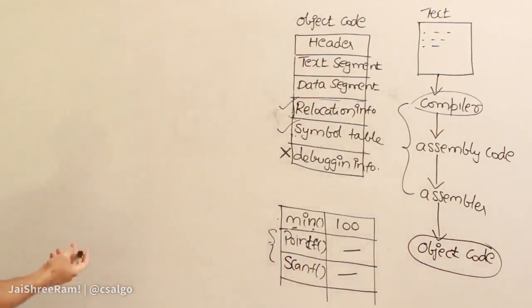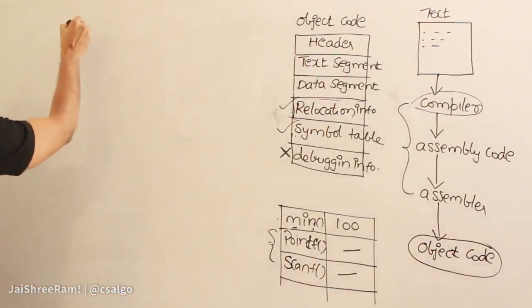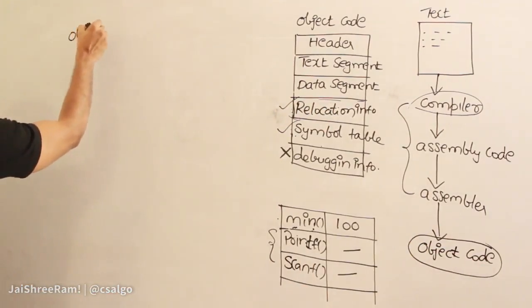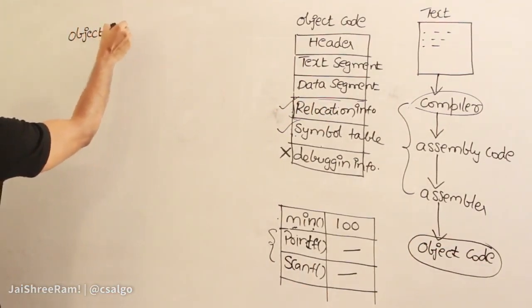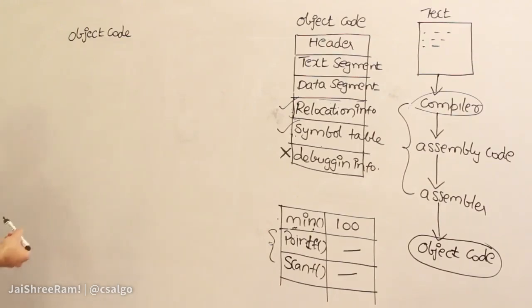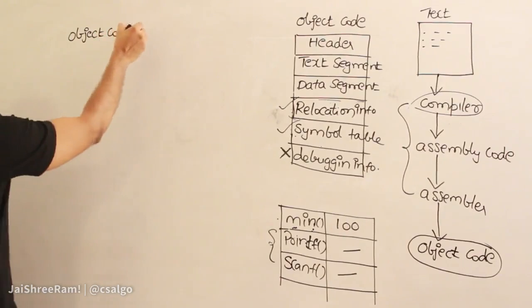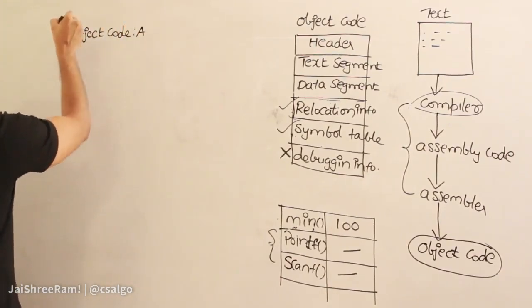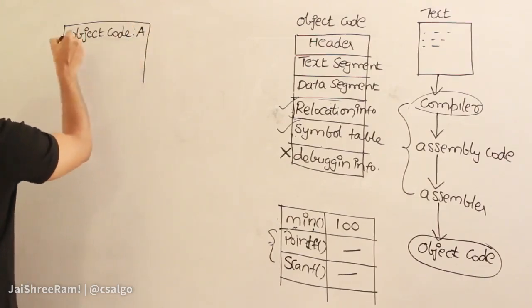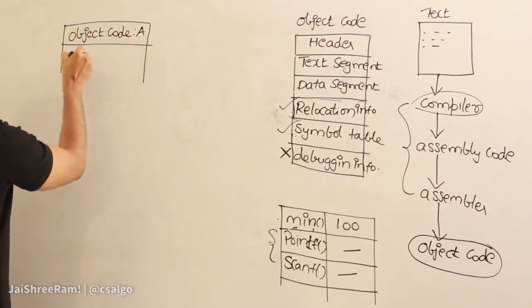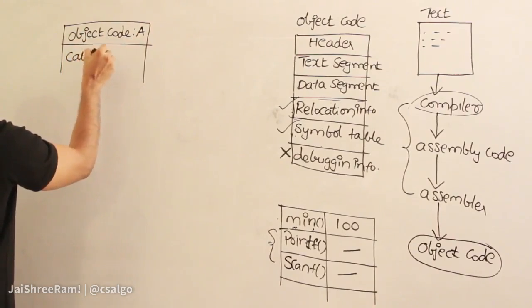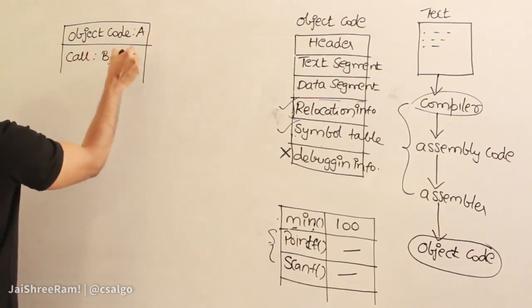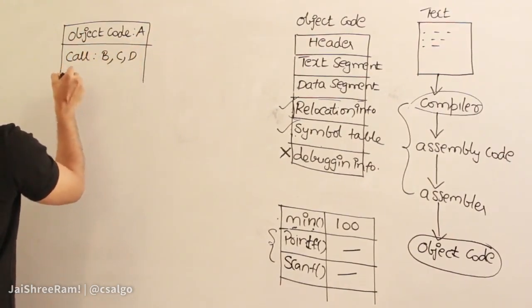Then we are going to take this object code. Let us say that is your object code. I'll just take an example. Let us say this object code, let's call it A, and now this object code is calling object code B and then C and then D, right?